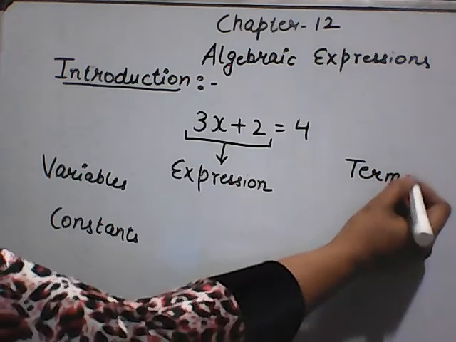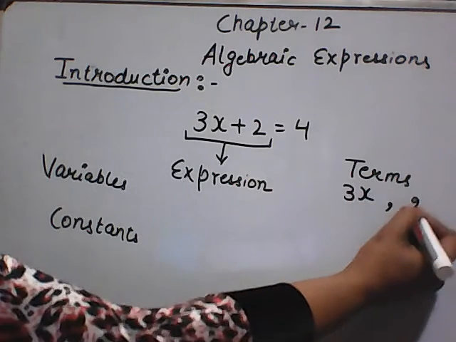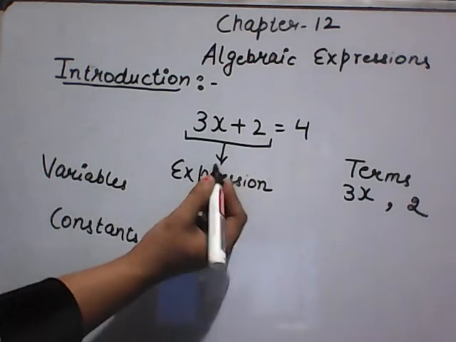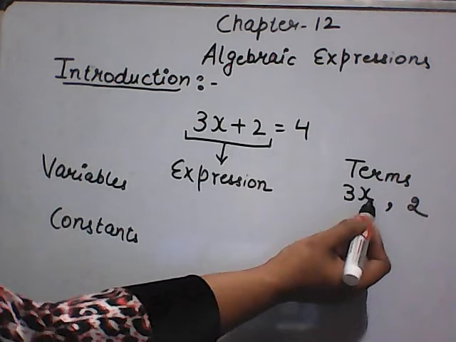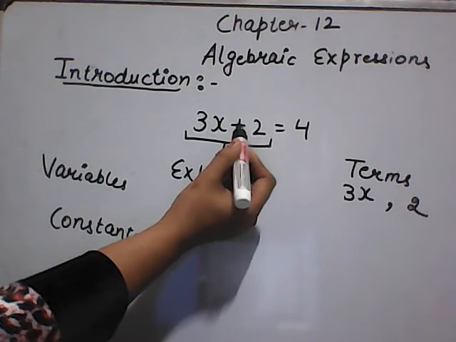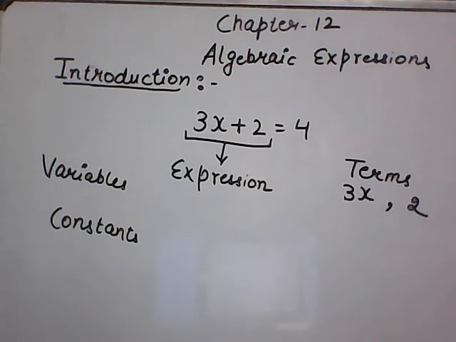It is a combination of variable and constant. 3 is a constant, x is a variable and plus is the operation. So an expression is a combination of constants, variables and operations.